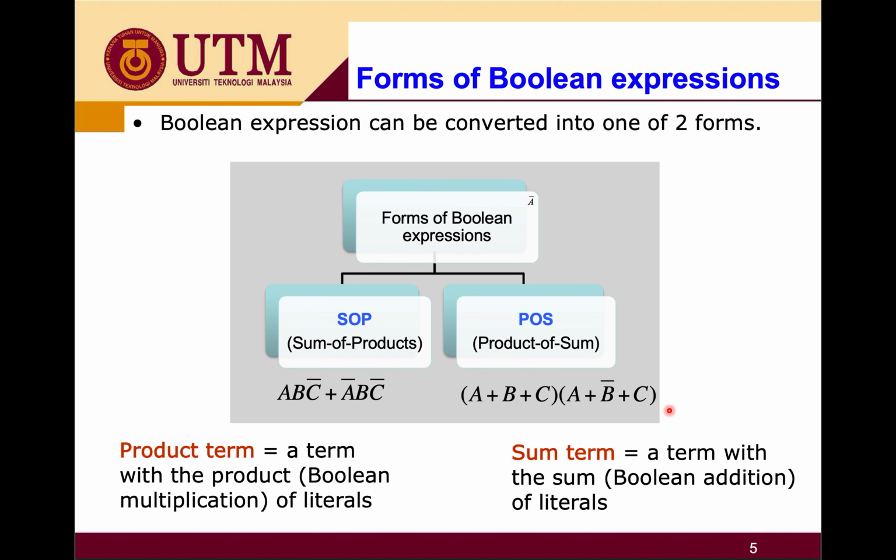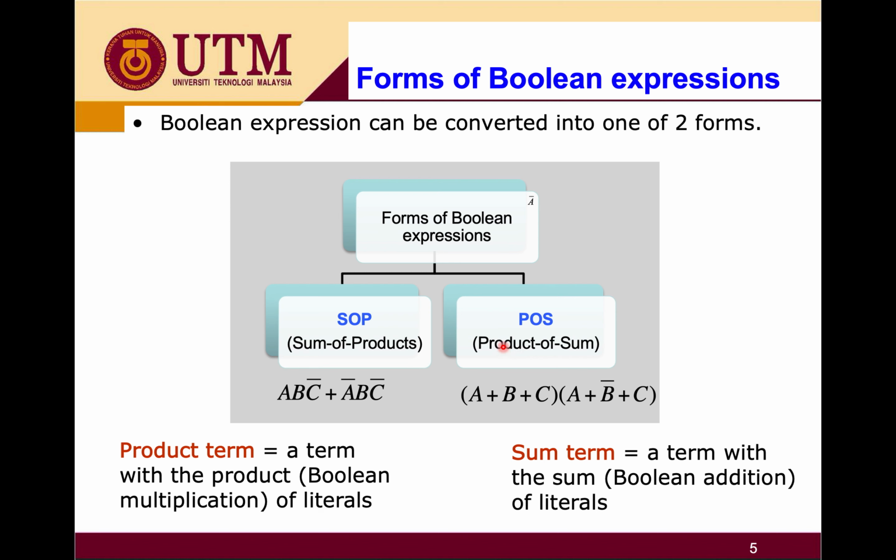So there are only two forms of Boolean expression. You just need to remember SOP and also POS. So what is SOP? SOP is sum of product, and POS is product of sum.